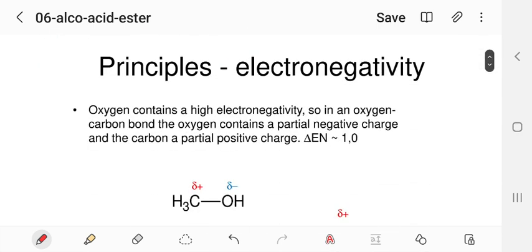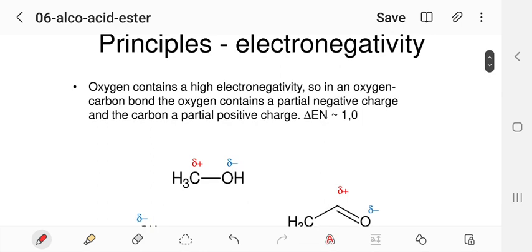Now we discussed already that a CO bond is very polar, because if you remember, the three most polar elements of the periodic table are FON. You remember the FON, which is fluorine, oxygen, and nitrogen. And any of these elements, when bonded to a carbon, or for example to a hydrogen, we have a very highly polar bond.